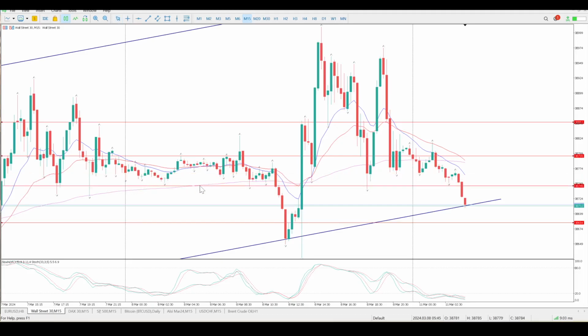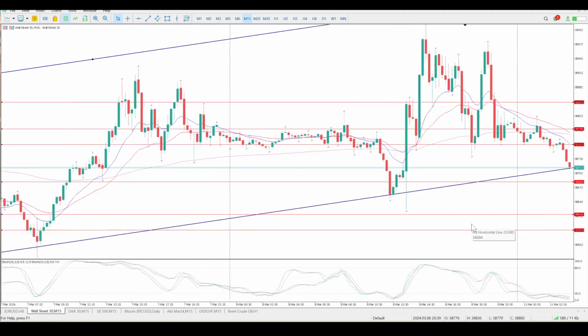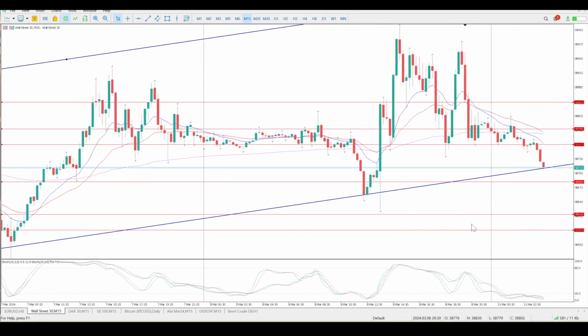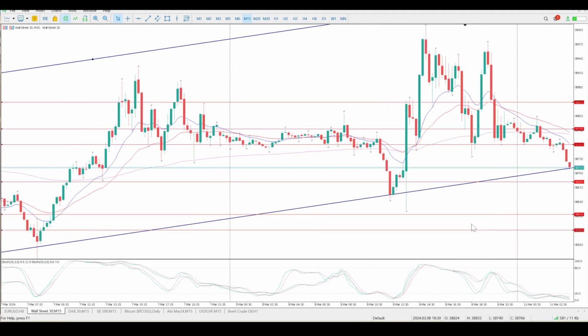I don't want to put too many levels in, we've already got a lot on, but around 38,750 to 38,762, that would be the rejection area that you'd be looking for. So if you get a rejection here, then you'd be looking, I just want to get the right bit of structure here.